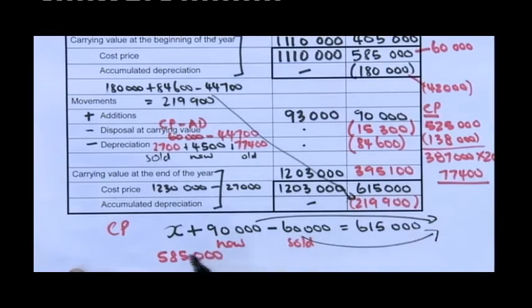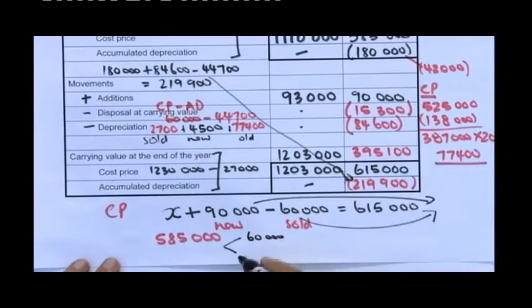So unfortunately over here we had to go back to a basic equation to solve for x so that we can find the cost price at the beginning of the year. Then we had to split it between the item that was sold, which was 60,000, and the item that was remaining, which was 525,000. So that was the old one that was remaining.